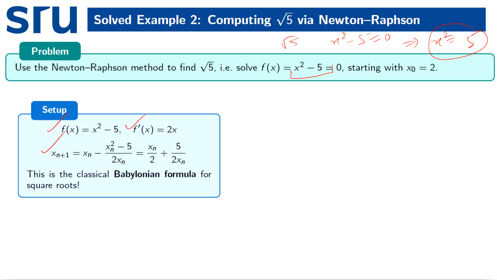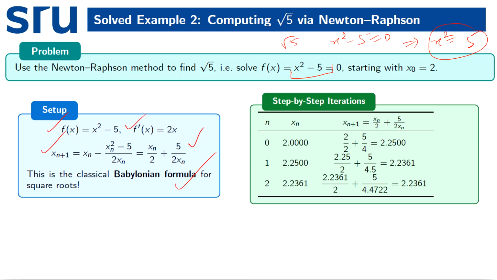We have separated it like xn over 2 and 5 over 2xn. This formula is also known as the classical Babylonian formula for square roots. Next is the time to calculate the iterations step by step.